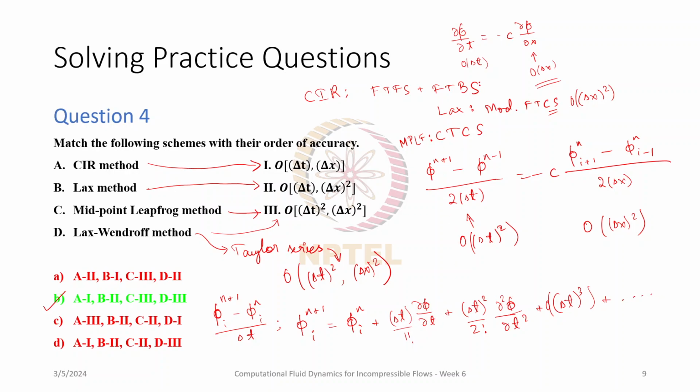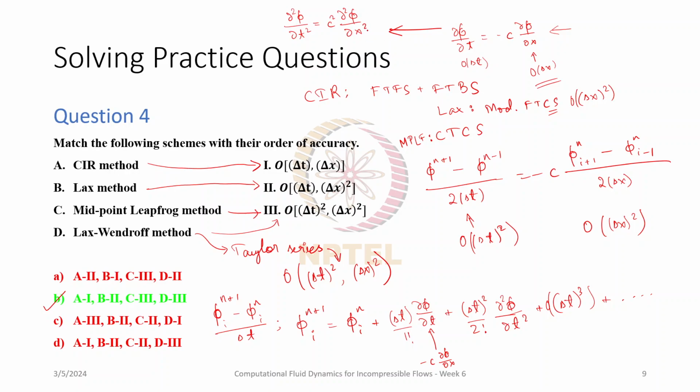Now dou phi dou t from this equation we know is minus c dou phi dou x. This is something that we replace with minus c dou phi dou x, and we can also take a time derivative of this entire equation, and that would give us this with some mathematical manipulations.